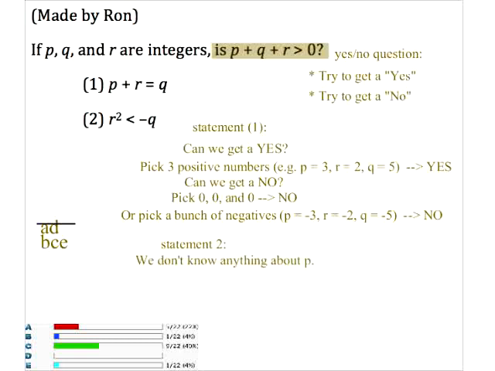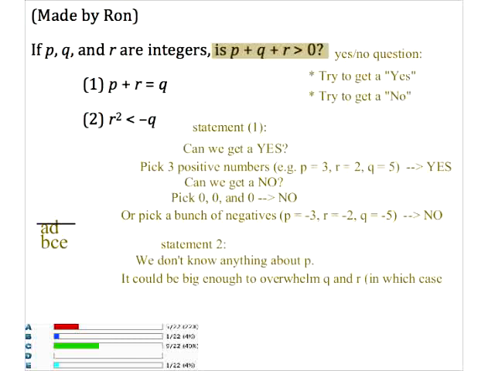So no matter what R and Q are, you could make P big enough to make the whole thing positive. It could be big enough to overwhelm Q and R, in which case the sum would be positive. Or it could be negative enough to have the opposite effect.